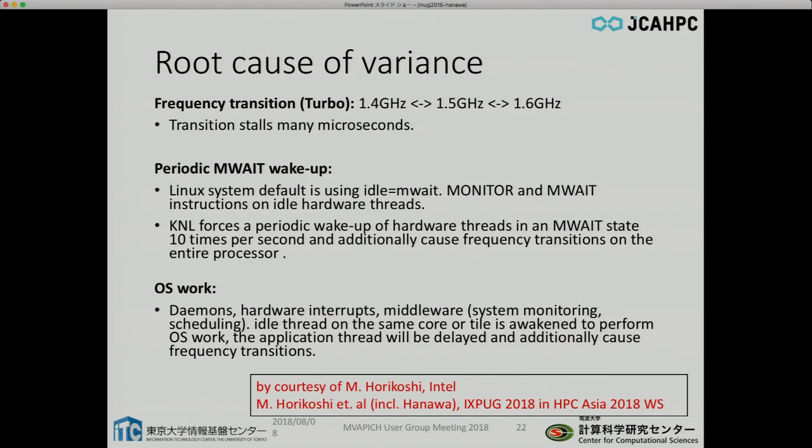This caused very big fluctuation of the performance. Another cause is the periodic wake up, a thread wake up mechanism. The Linux default is MWAIT, but on the KNL system MWAIT does not work so well, so we have to change the wake up mode.